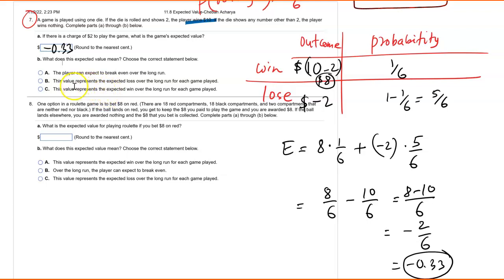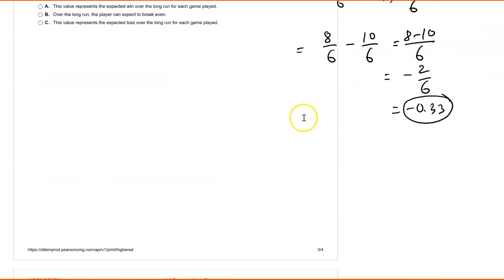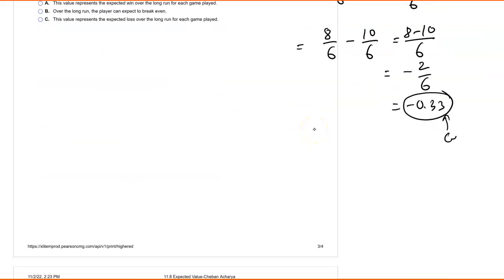In other words, what you understood is that the expected value is negative. That means in the long run, the value represents the expected loss over the long run for each game played. Therefore, over the long run, the player is going to lose.